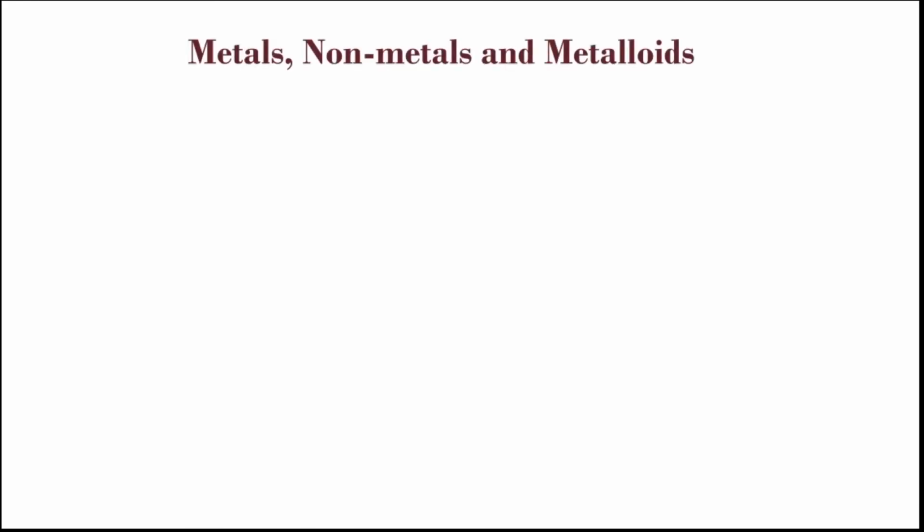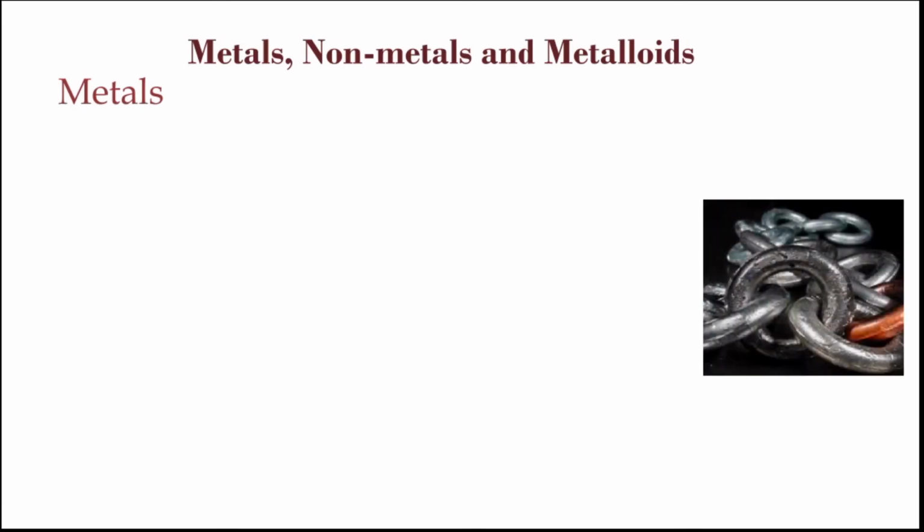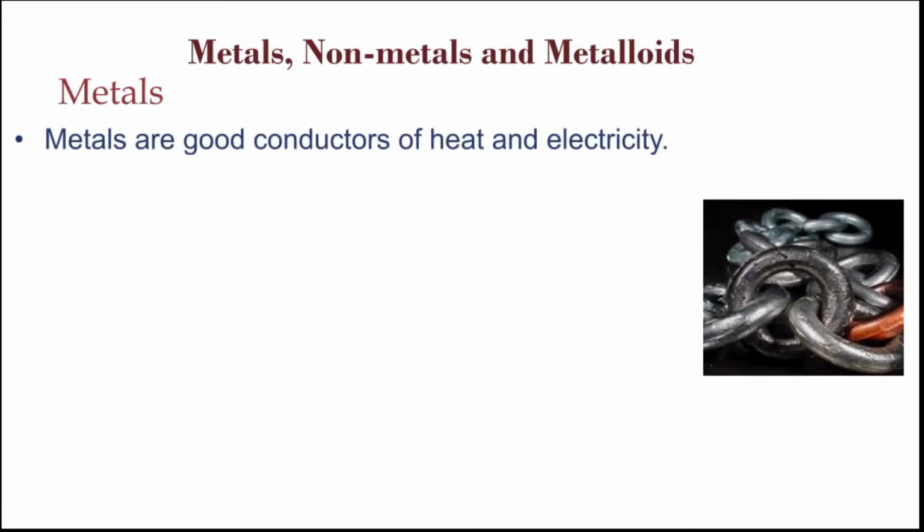In addition to displaying the classification of elements into s, p, d and f blocks, elements can be broadly classified into metals, non-metals and metalloids. First of all, let us see the properties of metals. Metals are good conductors of heat and electricity.